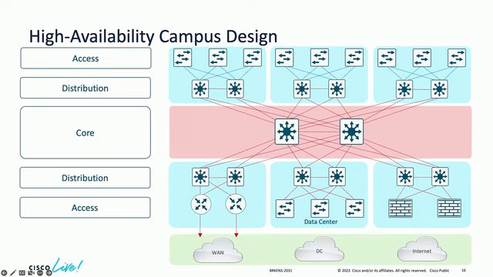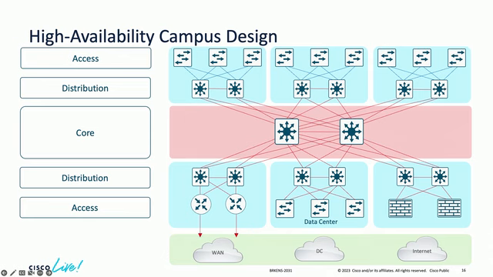The most important thing about this architecture is it's highly modular. It's highly scalable. So if you want to expand it, it's very easy to just replicate one of the distribution blocks, connect it back to the core, and horizontally scale, right?